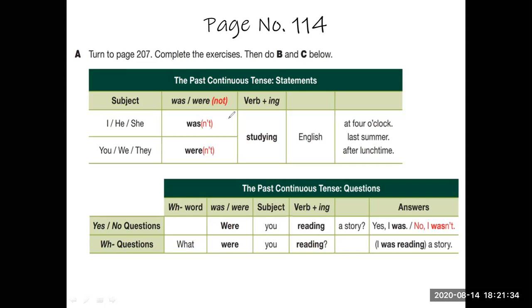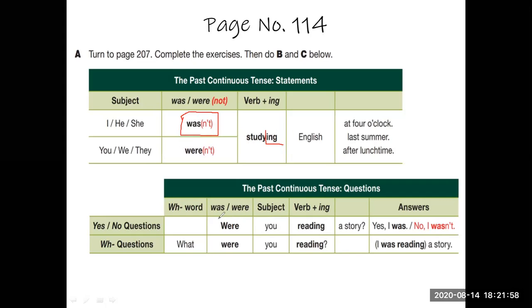Okay, we always use the verb to be in the sentence. It could be positive or negative, with the other verb with ing all the time. So using the past continuous is the same as using the present continuous: the verb to be plus the other verb with ing.